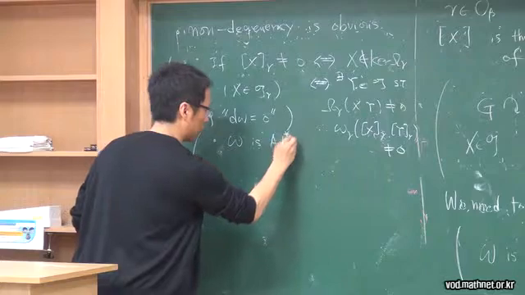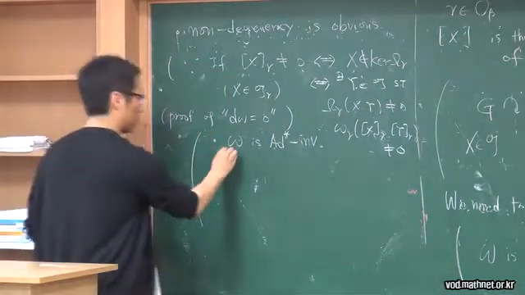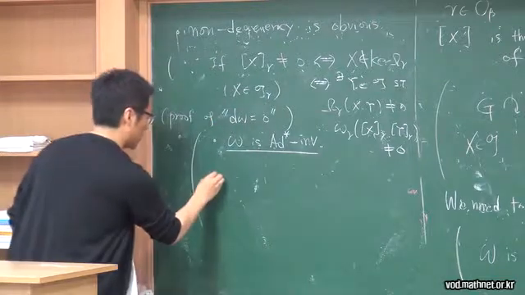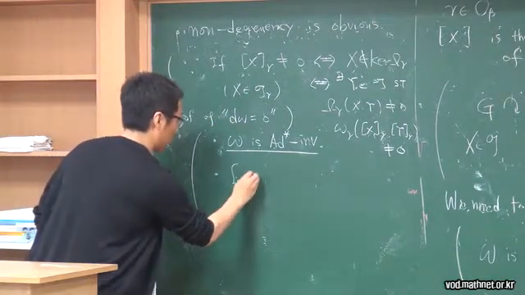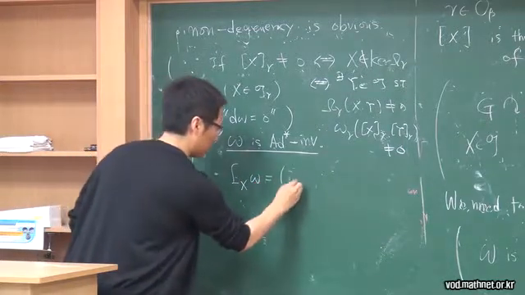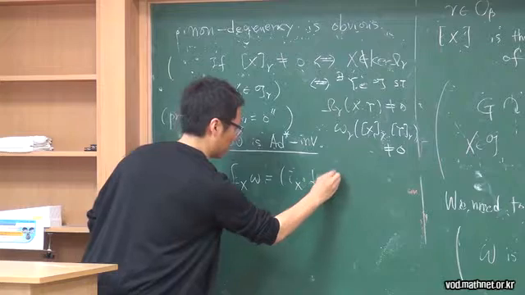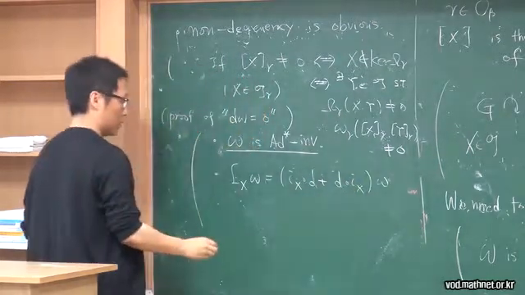So we need to show this one first, and then we take a Lie derivative of omega, which is by Cartan's rule, i_x d plus d i_x omega.